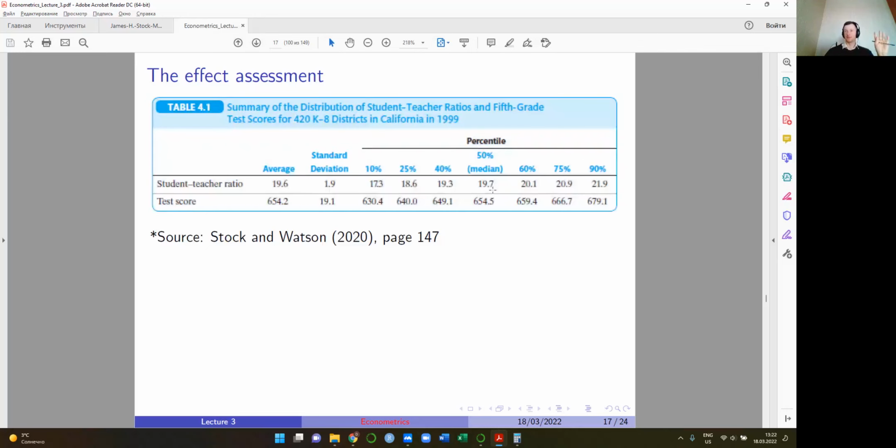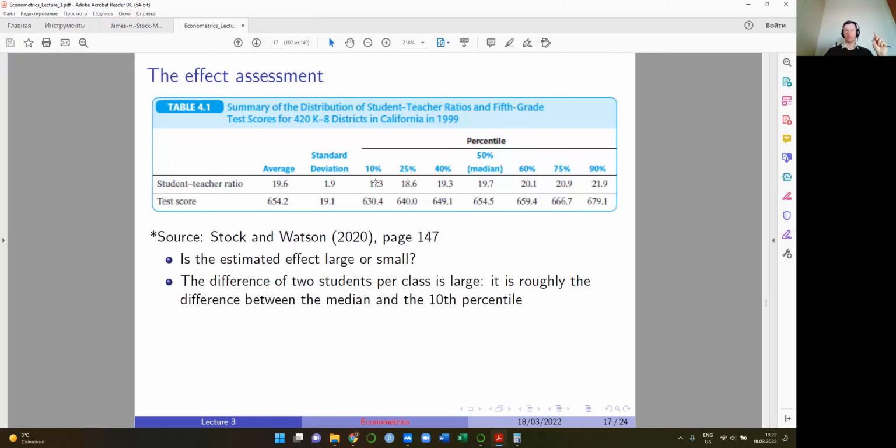So from the average school, our school is going to be a top school if we reduce the number of students per teacher by 2. Which means that the reduction of students per teacher by 2 is a large change relative to the data. It's really large.